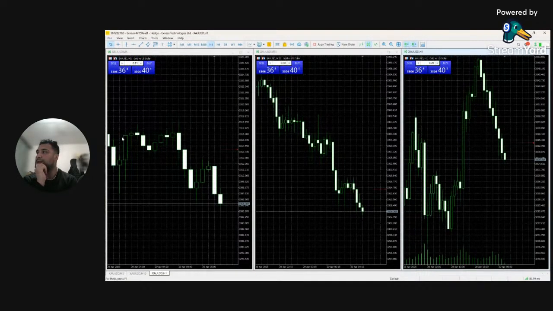Although there is a momentum on the downside, 30 seconds left for the third bar of the 5 minutes candle, so that it can form actually 15 minutes.